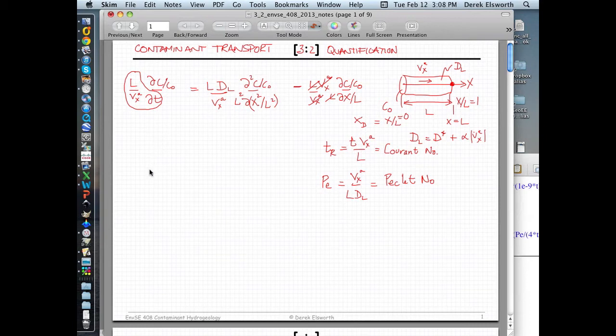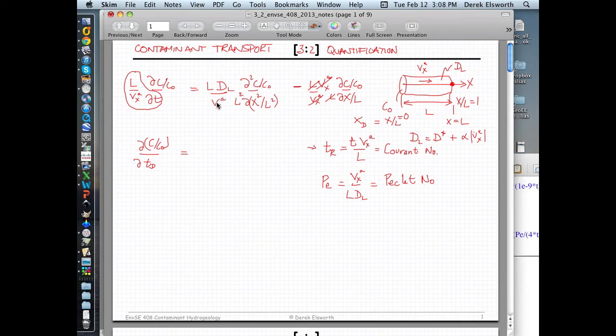And so this would be rate of change of the relative concentration C over C0 as a function of the rate of change of time, but instead of time it's this dimensionless time, which we've included here. And it's equal to this term here.